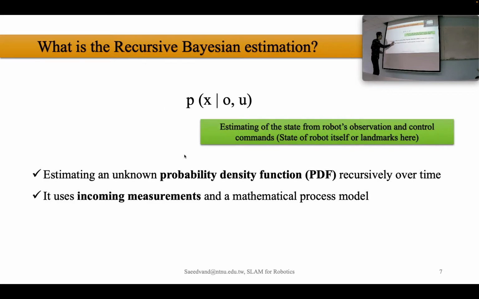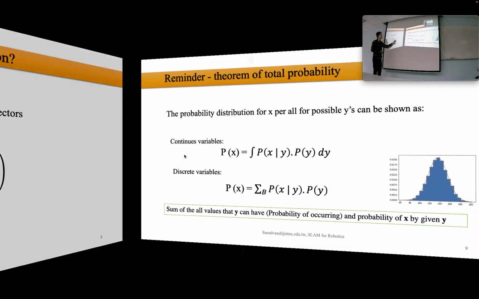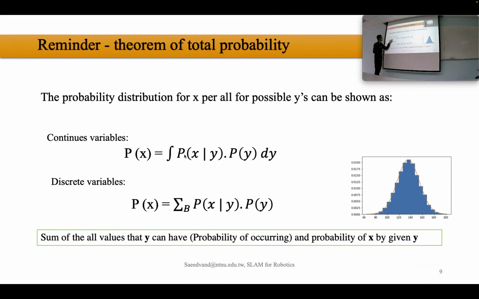We said also we have the unknown probability density function, or PDF, that we want to find during the course.